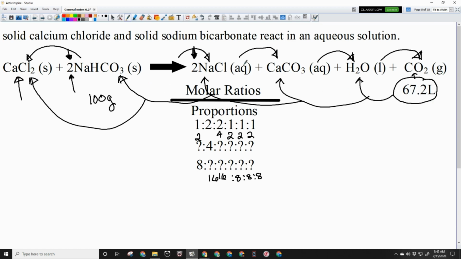So with these molar ratios, I can calculate any one of the other items in this chemical equation. That is called stoichiometry, and that's all it is. It's not hard to do. It's just conversions. You're just converting this into any one of those others using one conversion factor. That's all you have to use.